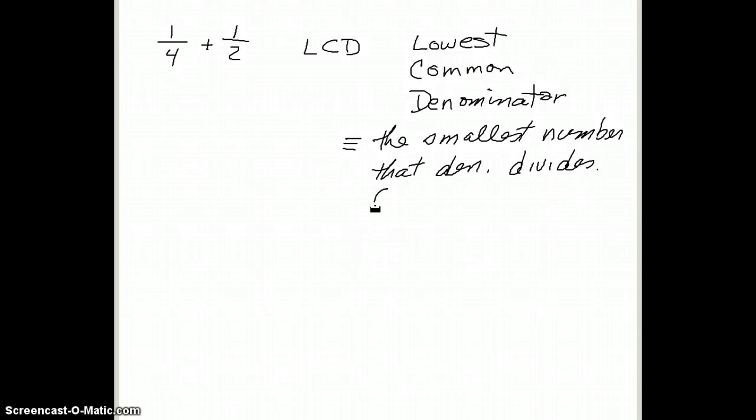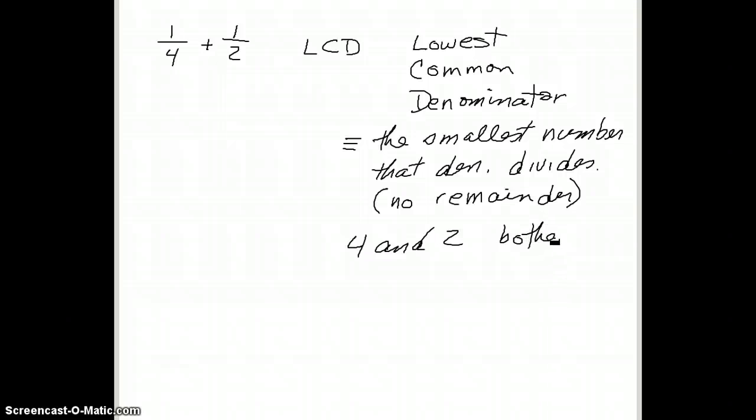In other words, it divides into it with no remainder. So in this case, 4 and 2 both divide 4. So our lowest common denominator in this case is going to be 4.